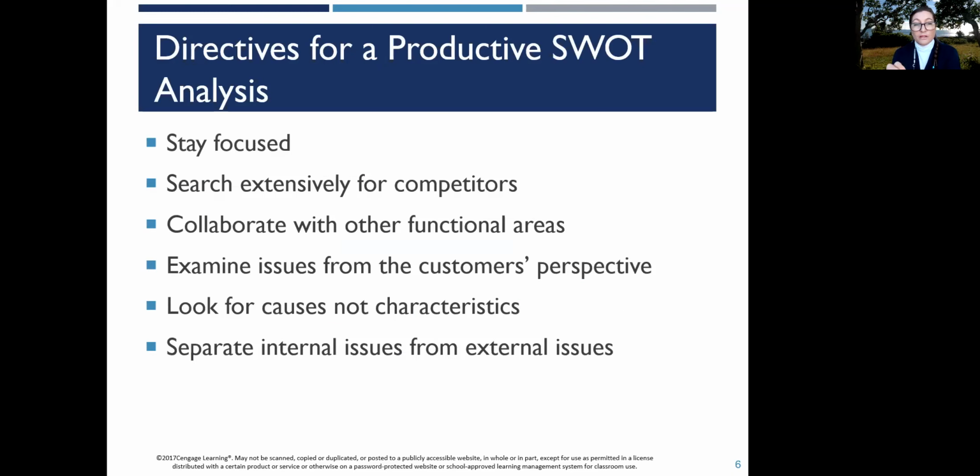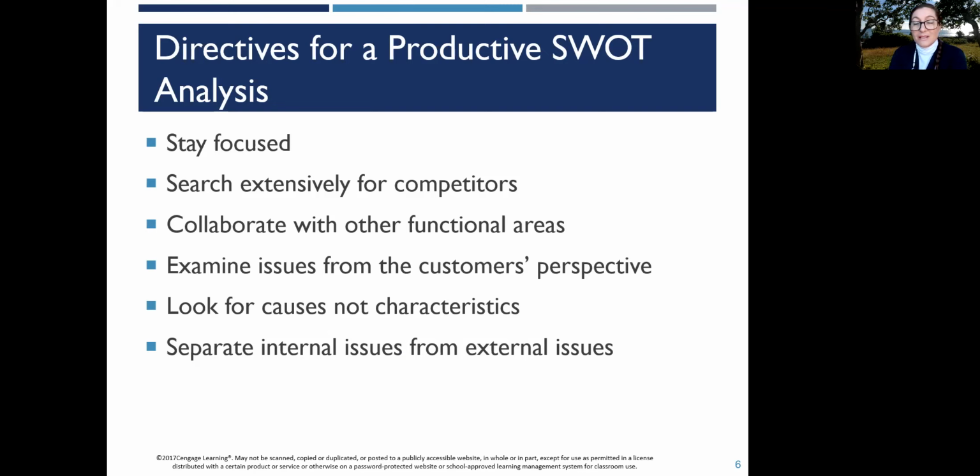When you're doing a SWOT, stay focused, search extensively for competitors, and aim to collaborate across the organizational functional areas. That means having the accountants talking to the marketers and the info systems people, right?